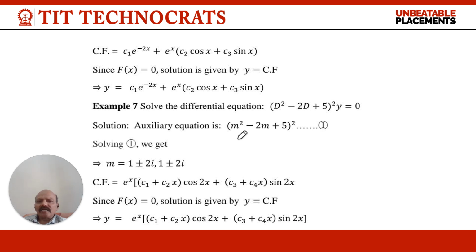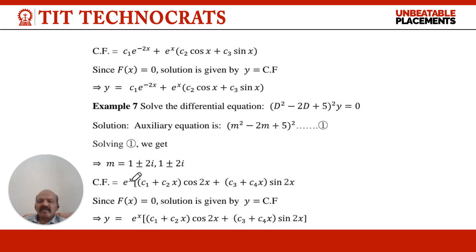Now, as we did earlier, replace this D by m so that we get an equation in terms of m, and then we can find roots easily. Proceeding as we did earlier, the roots of this equation are 1 plus minus 2i, and another 1 plus minus 2i, meaning two pairs of complex roots are repeated. So we have to put CF for repeated roots in this case.